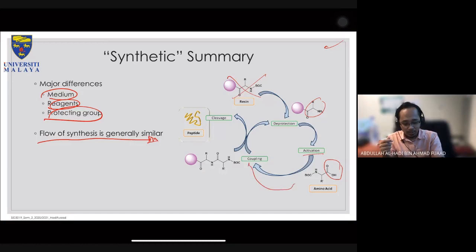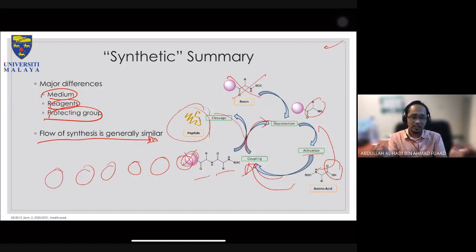Then in the coupling step you couple the 2 amino acids together, and then either you cleave to get the peptides or proteins, or you continue with deprotection of the protecting group, and then again activation and coupling, so you can grow your peptide. These are the general concepts for a synthetic approach of peptides and proteins.